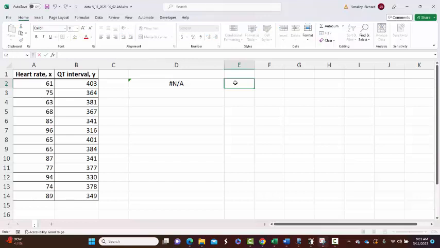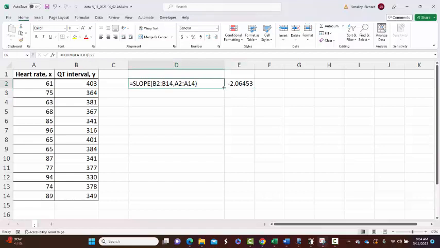I'll do slope. The y's go first. They are B2 to B14. And then A2 to A14. Yeah, you can see it's labeled slope now, so I'm going to drag this down.